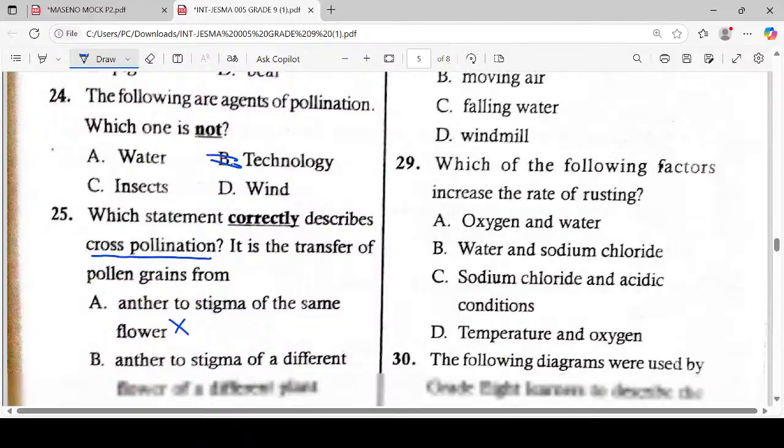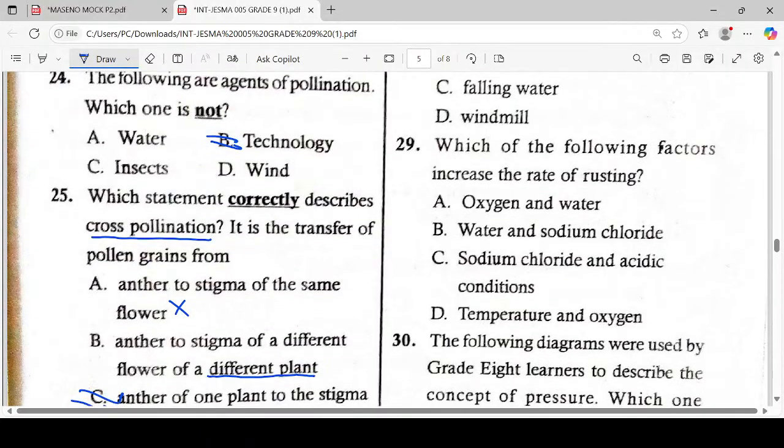Question number 29. Which of the following factors increases the rate of rusting? Remember, they want factors that increase the rate of rusting, not conditions necessary for rusting to take place. Those are two different questions. Oxygen and water are what we call conditions.